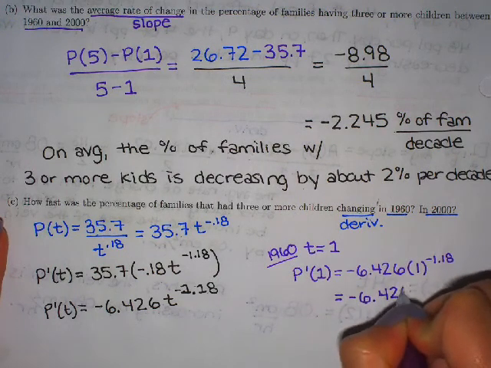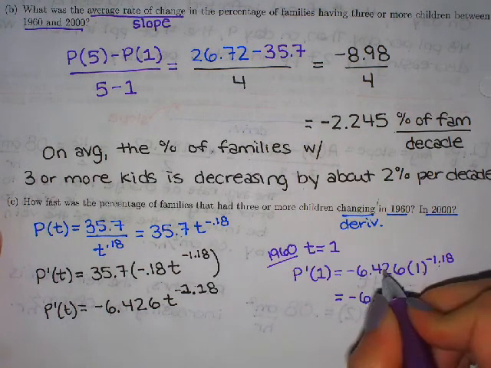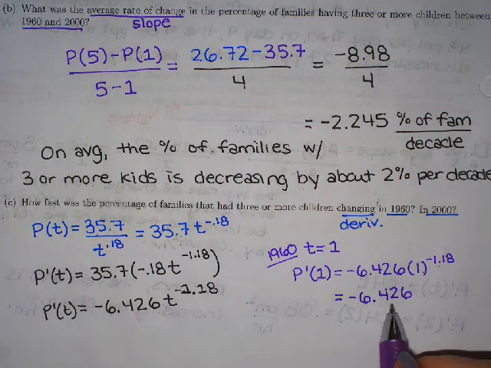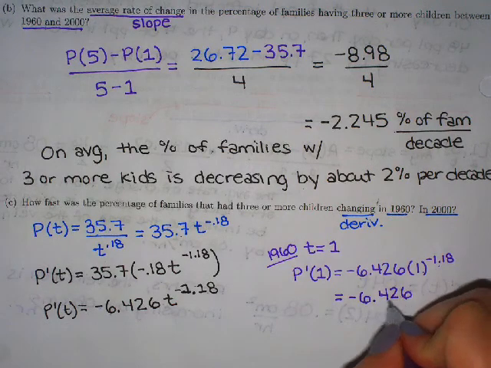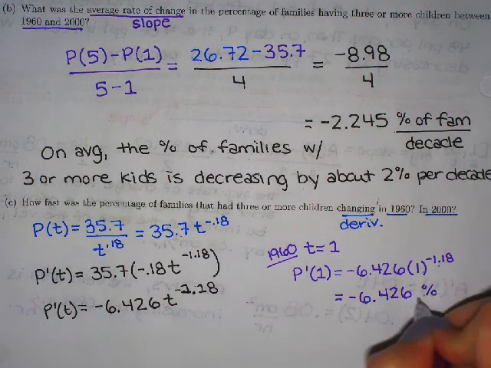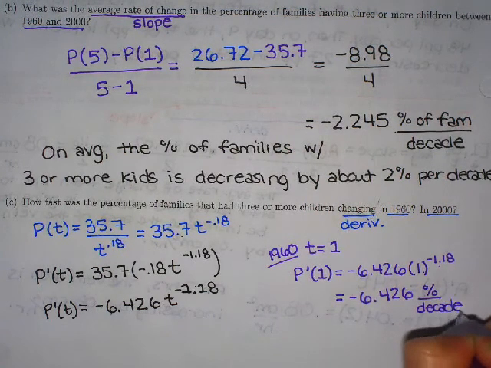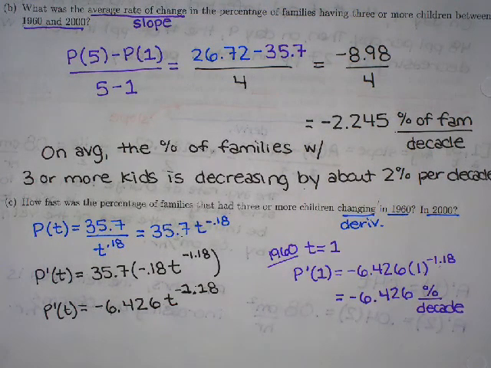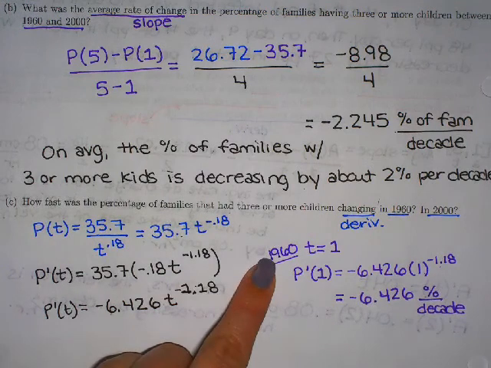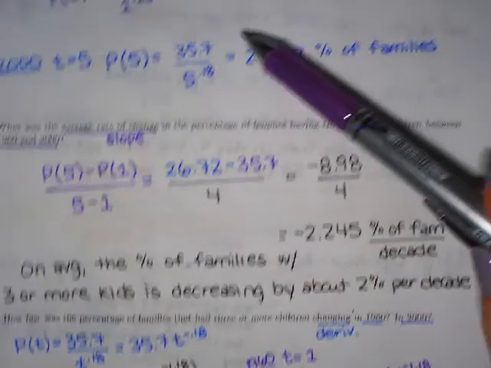And the instantaneous rate of change in 1960 ends up just being negative 6.426, right? Because 1 to any power is 1 times negative 6.426 is going to stay that number. And we need units on it, so it's the percent of families per decade, or just percent per decade is fine. I know it's a lot to keep writing.